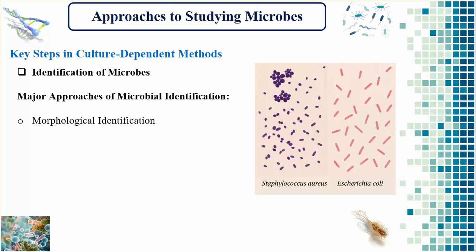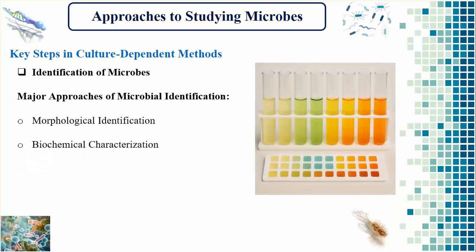In addition to microscopic features, microbiologists also examine colony morphology on agar plates. Colonies may differ in size, color, shape, elevation, texture, providing useful preliminary clues about the microorganism. However, morphological features alone are usually not enough for complete identification. Therefore, the next step often involves biochemical characterization.